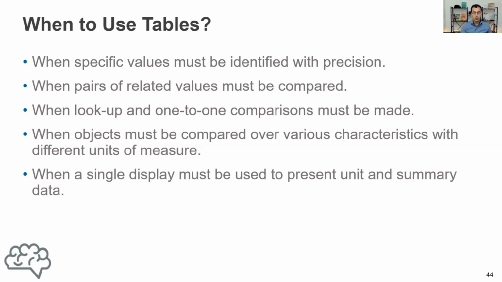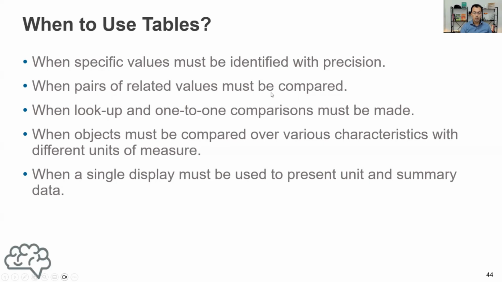Whilst in graphs, you usually plot the graphs and the axis, but the axis only give you an approximate view of the real value that is plotted in the graph. You also use tables when you want to compare pairs of values for different variables, because tables are composed of columns and each column represents one different variable.